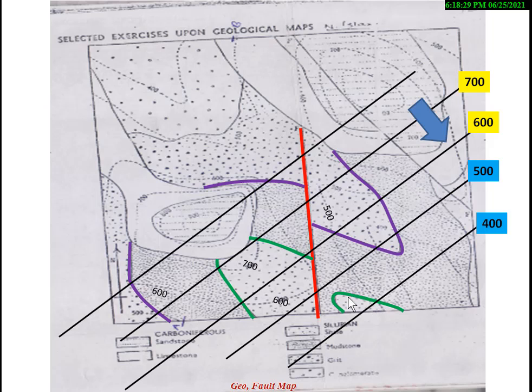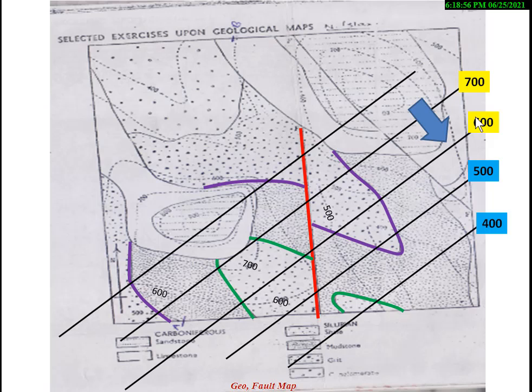Okay. So this strike line is the 700 strike line. Another is the 600 strike line. So the value decreases from 700 to 600. So obviously this strike line is 500, and again it will be 400 because the value is decreasing from this side to this side.